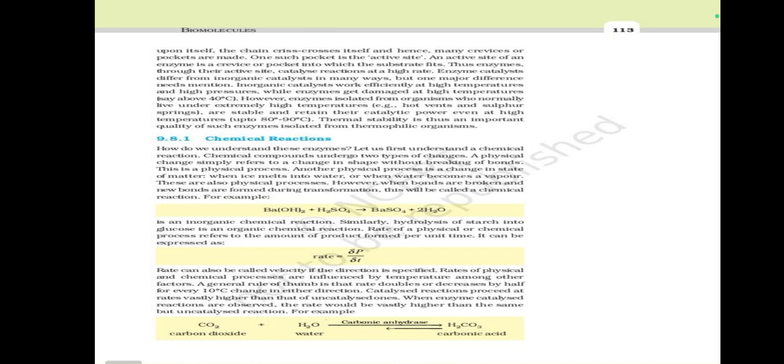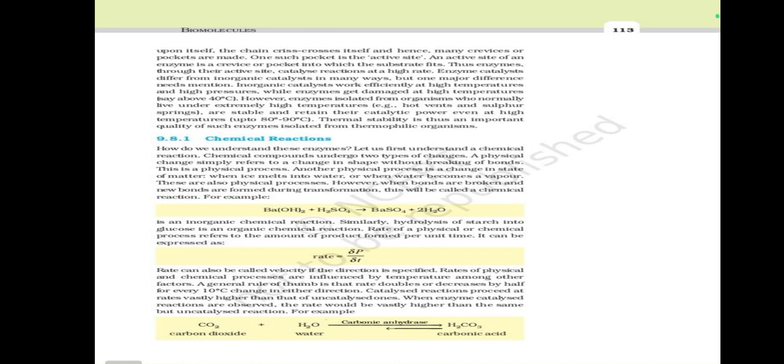Enzyme catalysts differ from inorganic catalysts in many ways, but one major difference needs mention. Inorganic catalysts work efficiently at high temperatures and high pressures, while enzymes get damaged at high temperatures, say above 40 degrees Celsius.